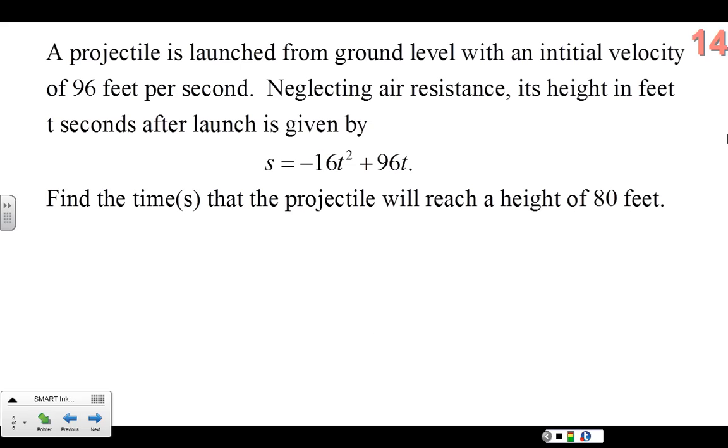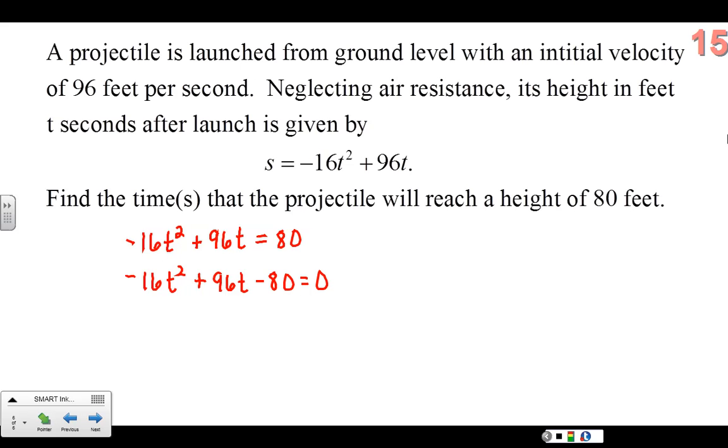So my equation will actually be negative 16t squared plus 96t equal to 80. Now, of course, I need to move the 80 over to the left side. So I'm going to go ahead and subtract my 80.